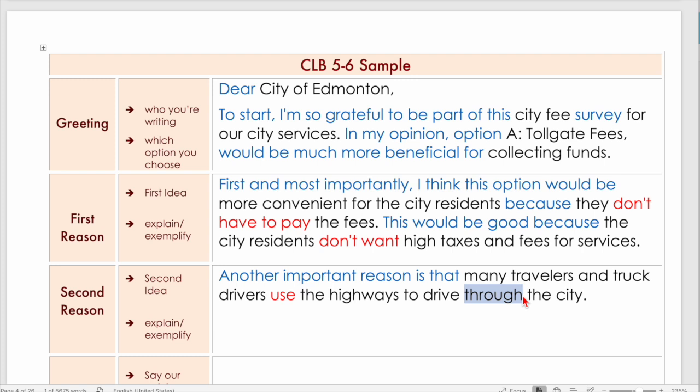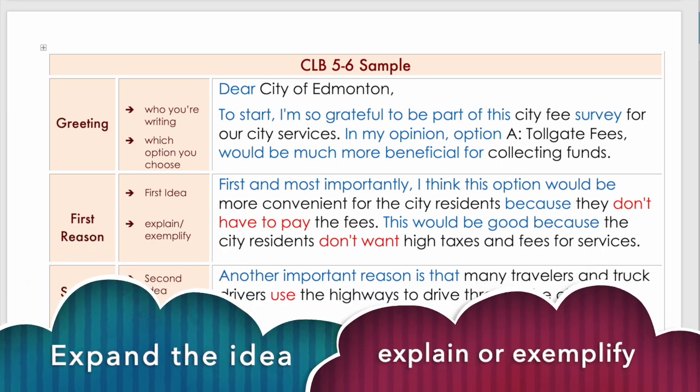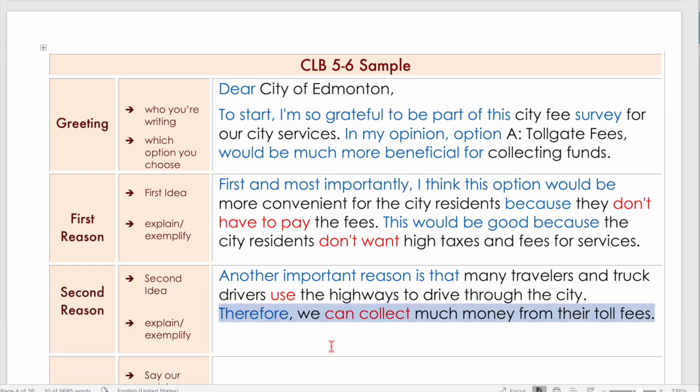So that's very good. So that's really good. Why is it good? So we need to explain or exemplify. So let's explain. Therefore, we can collect much money from their toll fees. Okay. So many travelers, they use the highways.